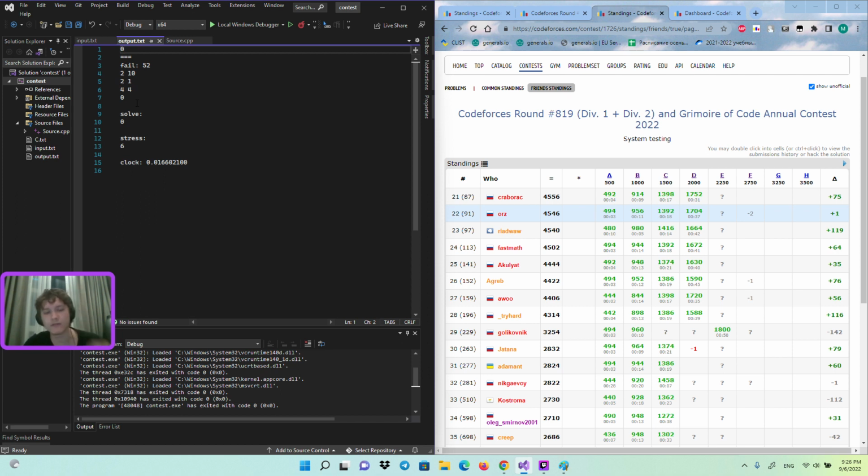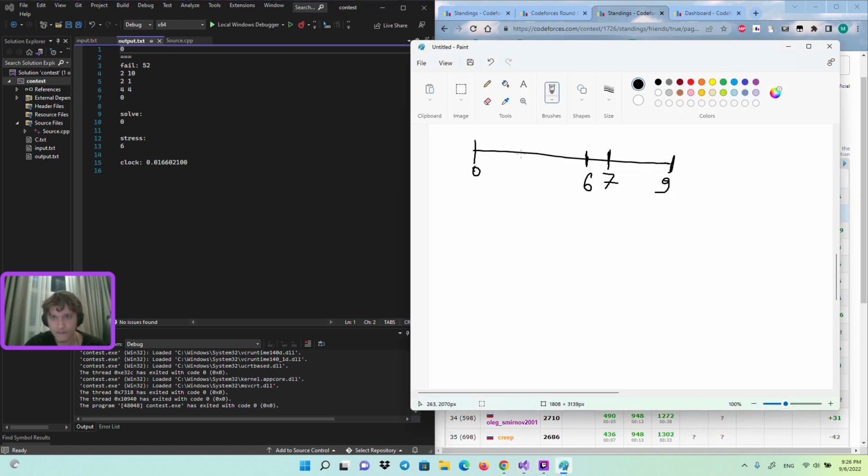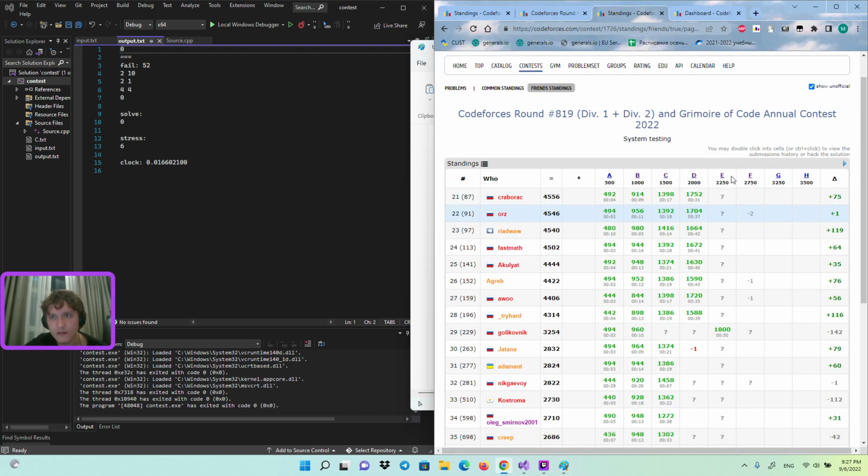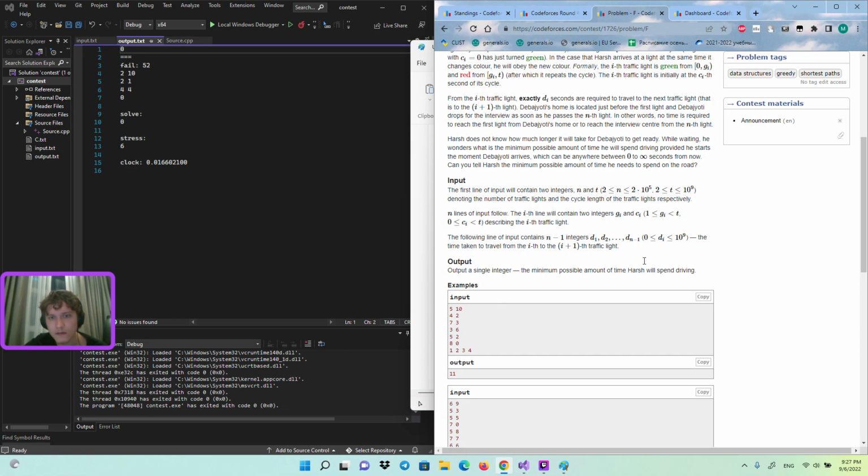Let's think who is right and who is wrong. Okay, we have two lights, and the first one works for 2 seconds, starting with 1. So this is green for 2 seconds. This is green for 2 seconds.